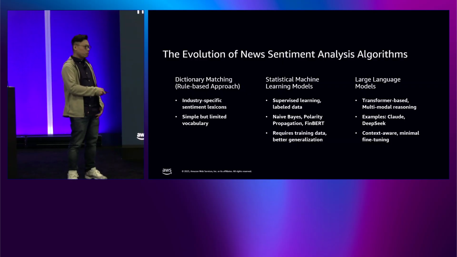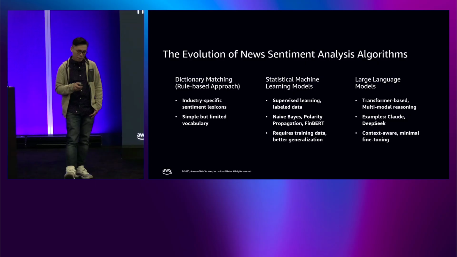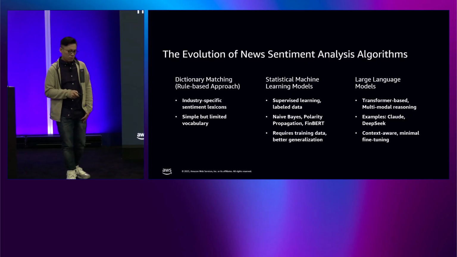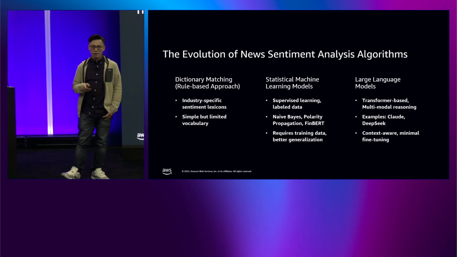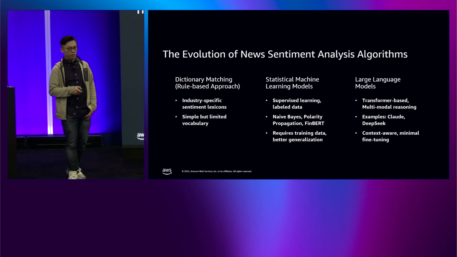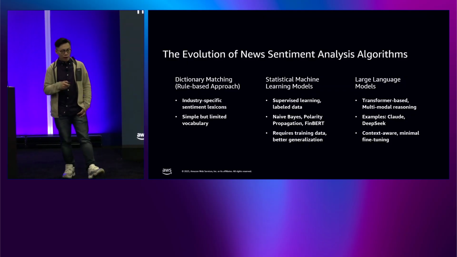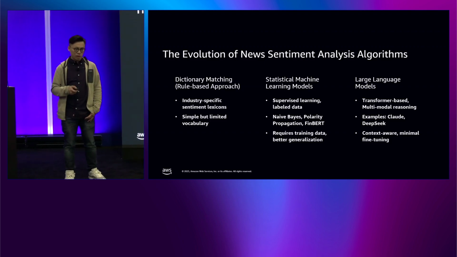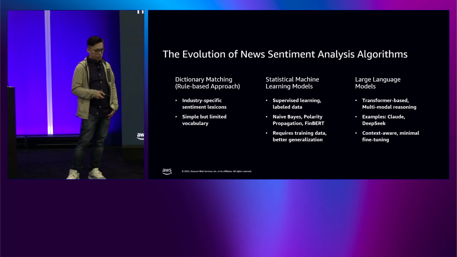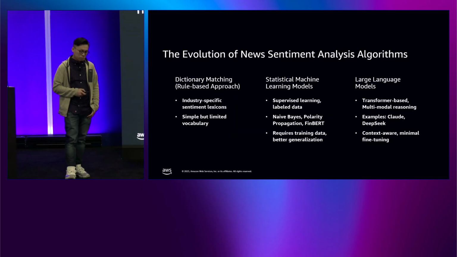However, it should be a positive one. So the industry started moving from dictionary matching to statistical matching and machine learning. With labeled data and supervised learning, we use models like Naive Bayes or FinBERT on financial corpora. We get better generalization in this case and understand the news context. However, this requires massive labeled data for training, which costs a lot in terms of spending and also the time to market for these solutions.